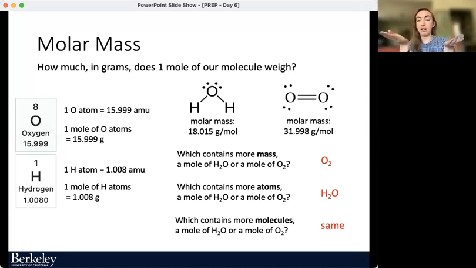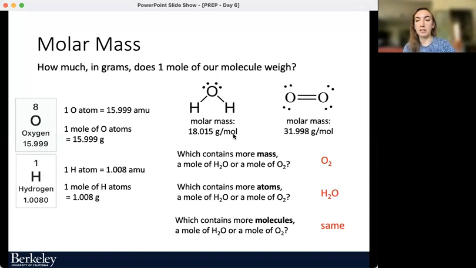So if I have a mole of water molecules in one hand and a mole of oxygen molecules in the other hand, I have the same number of molecules in each hand. So a mole of stuff is just a count of the number of units of that stuff that I have. Does that help? Cool.